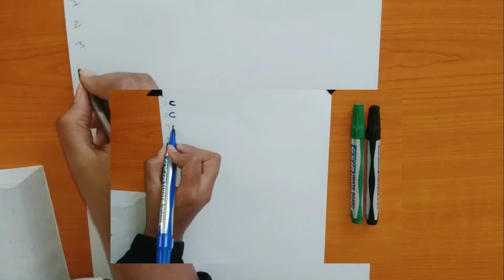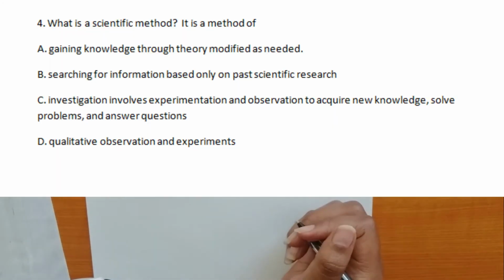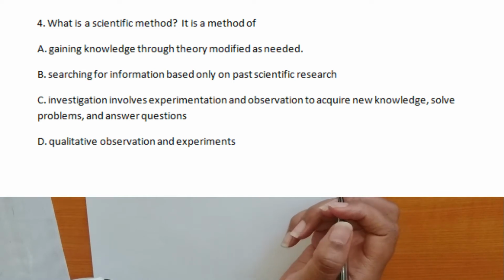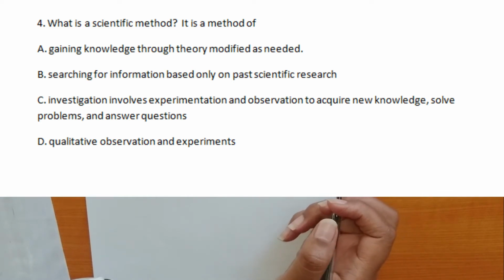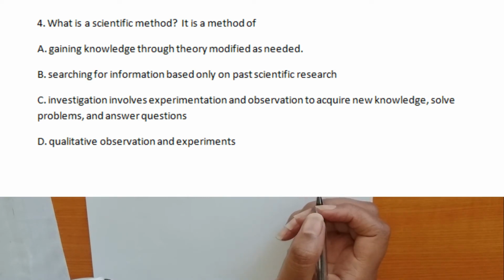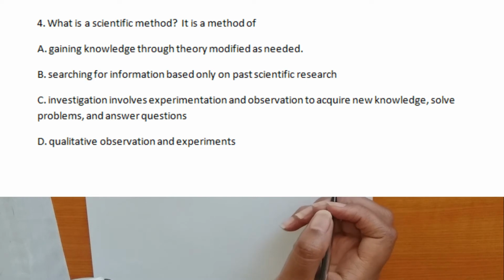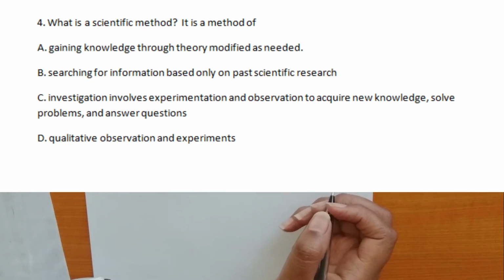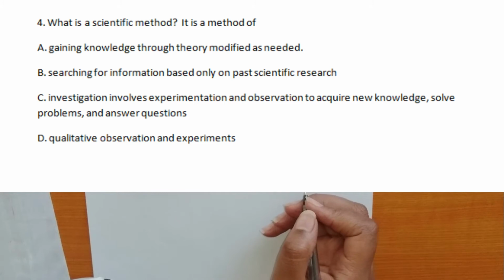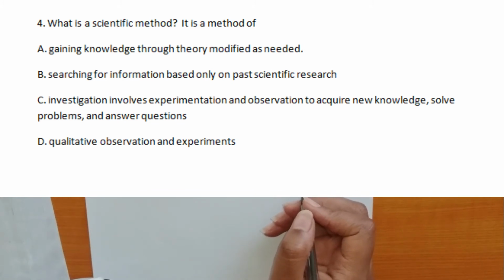Number 4. What is the scientific method? It is a method of A. Gaining knowledge through theories modified as needed. B. Searching for information based only on past scientific researches. C. Investigation involving experiments and observations to acquire new knowledge, solve problems, and answer questions.